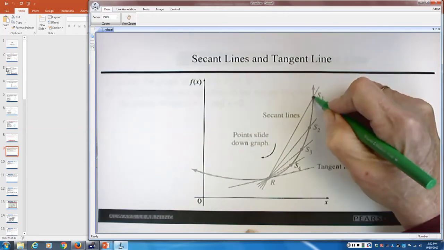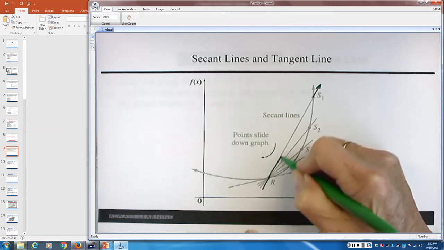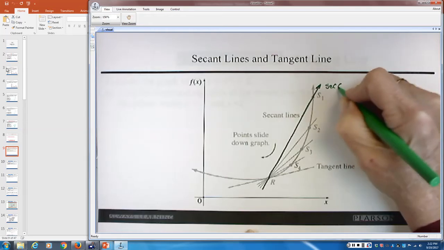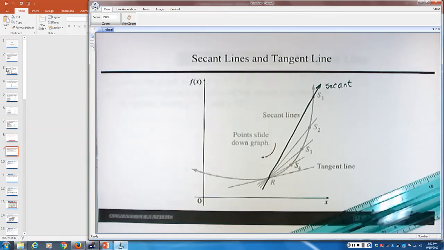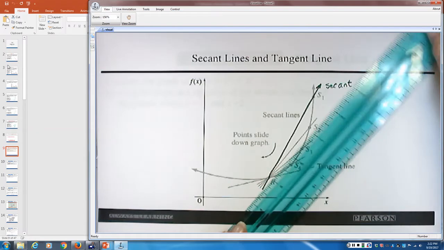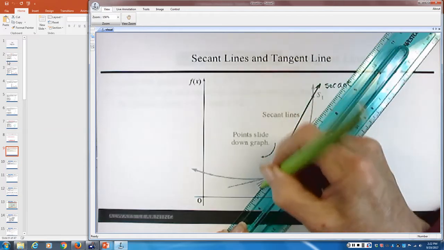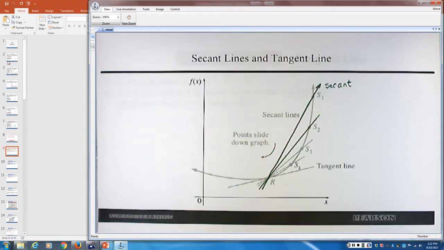This line is a secant line. Agree? Is this line a secant line?